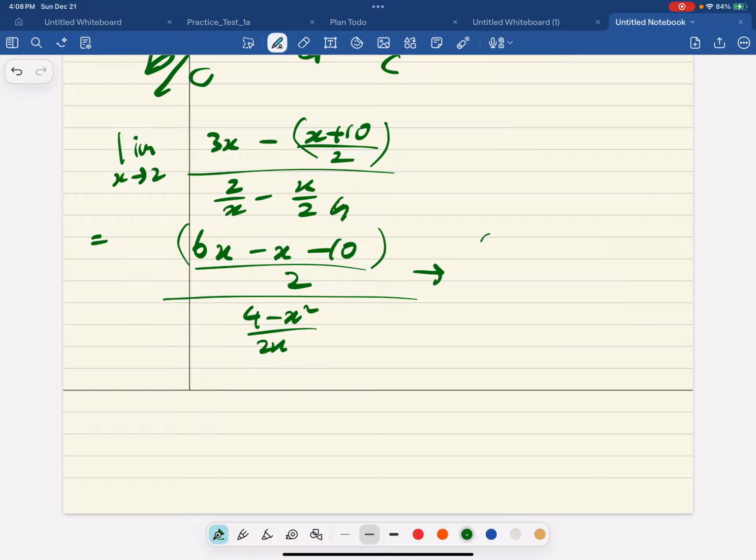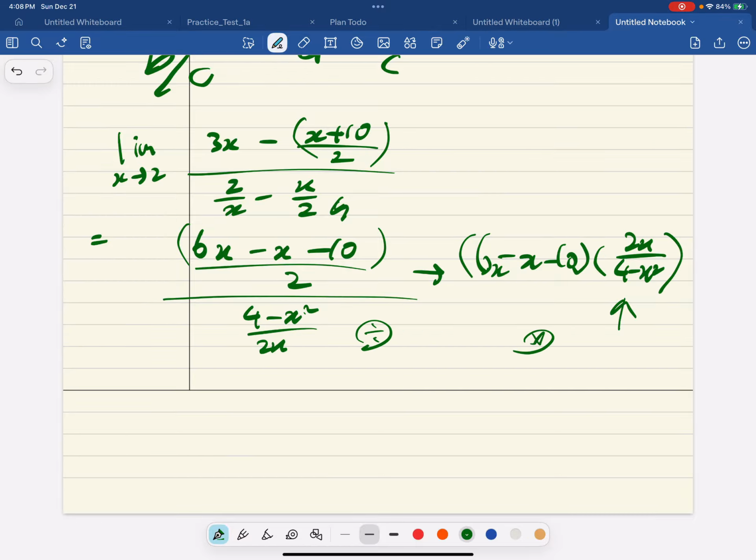And this actually transforms to a much nicer expression, 4 minus x squared over 2x. And it's actually easier to work from there because the expression, oh no, sorry, I literally made the mistake I told you not to make. So when you flip it upside down, that is used when you are turning a division into a multiplication.